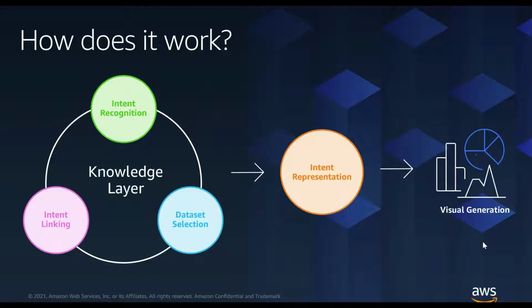To accomplish all of this, a knowledge layer that describes the underlying physical data schema is used to inform the machine learning models. The output of all of that is then used to create what we call an IR, or an intent representation, which is a SQL-like syntax that is then used to generate the visualization for the end user.